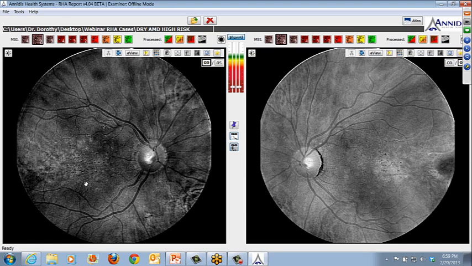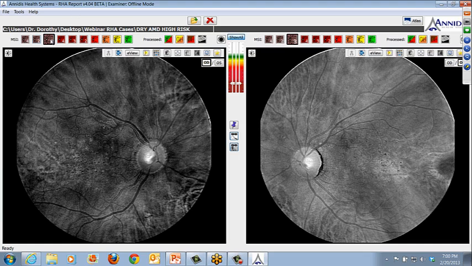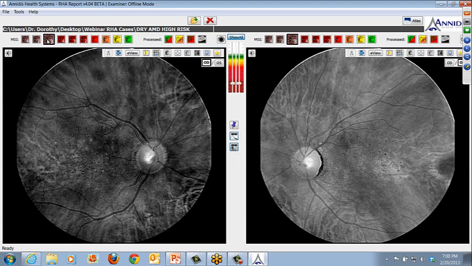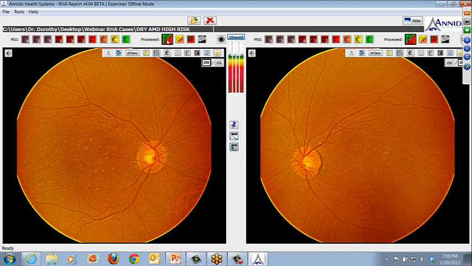Okay, but still, again, nicely highlights where that atrophy is, and I like to use these views here to watch for progression. Even though you can see progression here, this highlights it in a slightly different way in most eyes, not all eyes. Okay, and then of course your color reference helps sometimes to sort of localize where the drusen are.